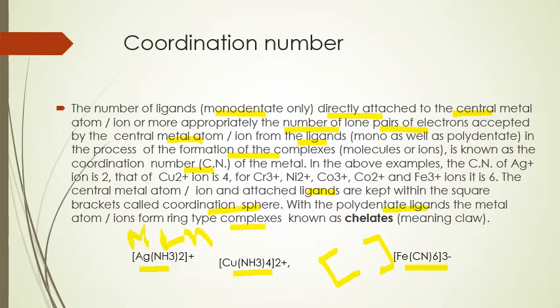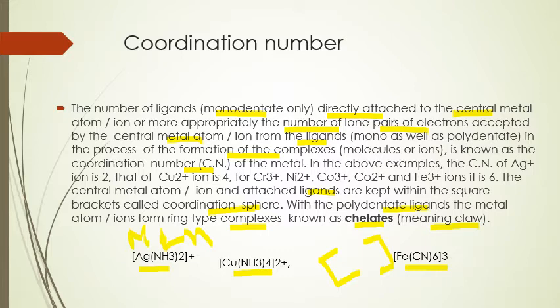It is a simple complex forming by a single ligand, the monodentate ligand. If we have a polydentate ligand, it has many sites to donate lone pairs of electrons, so that type of complex forms a ring type of complex which is called a chelate, meaning the claw, the crab's claw.